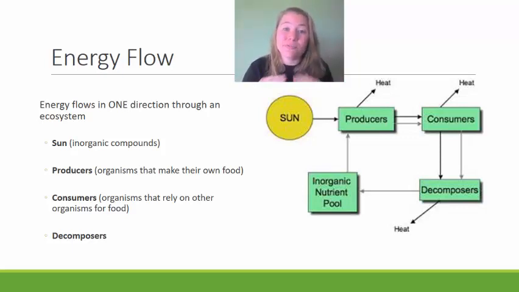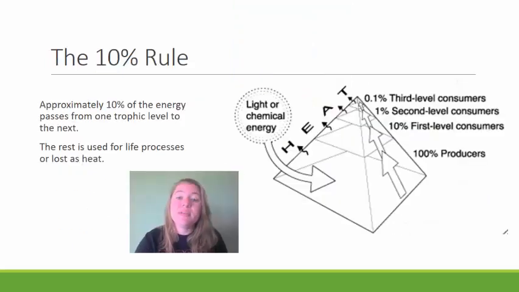Energy is not recycled. The 10% rule is talking about how much energy actually moves from one trophic level to the next. So if we look at all of the energy that producers are able to convert into their biomass, so how much primary productivity happened and what energy is really there in our starting level, we call that 100%.